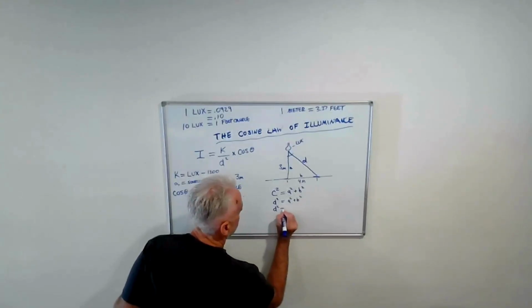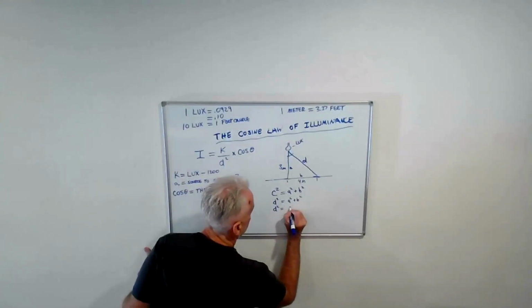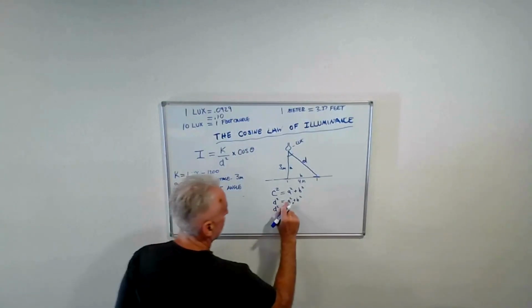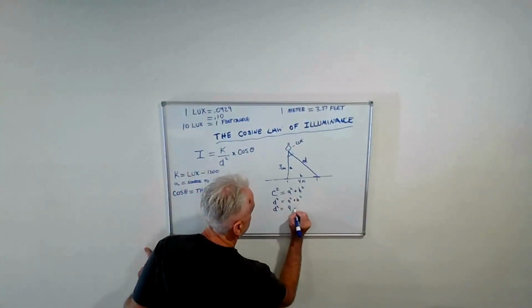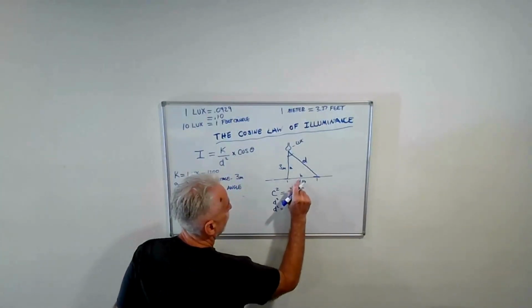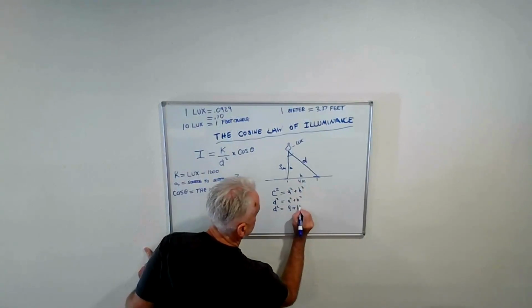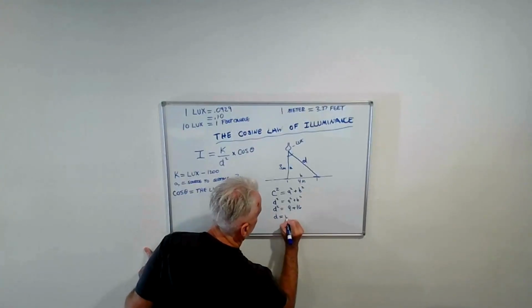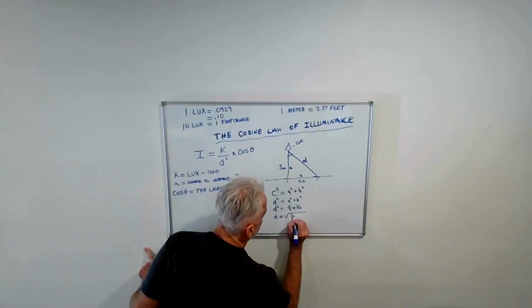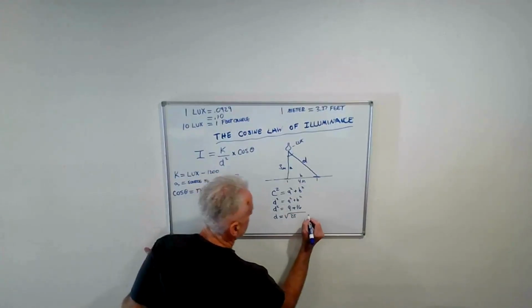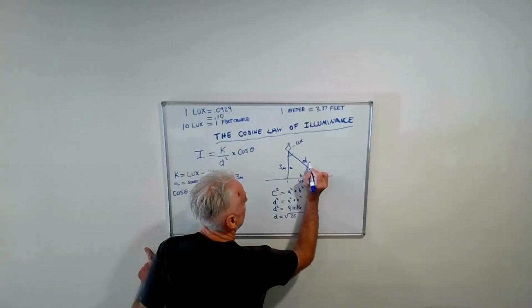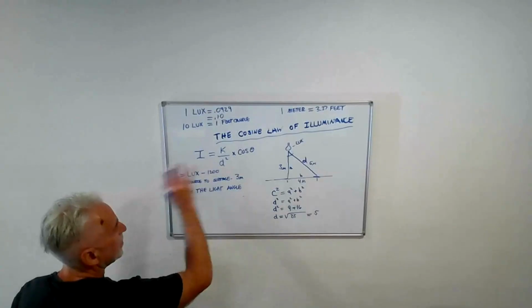D squared equals 3 squared, which we know is 9, plus 4 squared, which we know is 16. So D is the square root of 25, which gives us 5. So D is 5 meters.